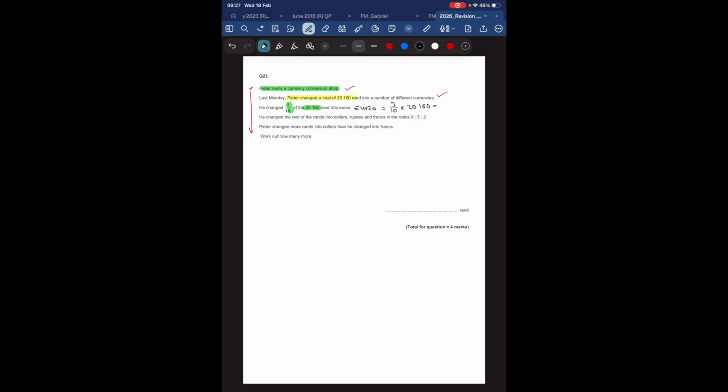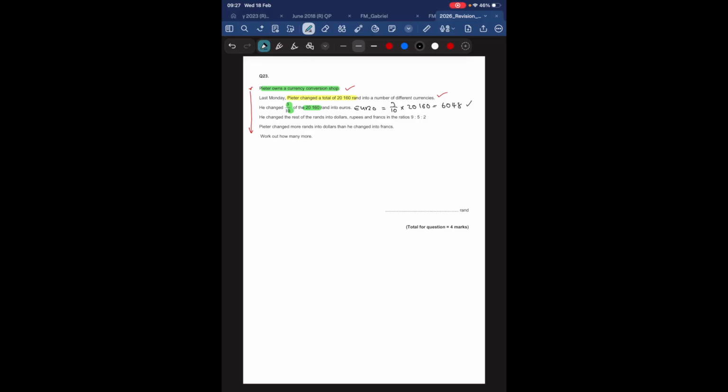If you work that out on your calculator, you are going to get 6,048 euros. So immediately we now know that he's got 6,048 Rand which have been converted into euros.